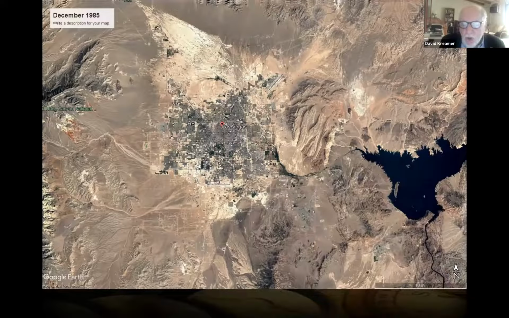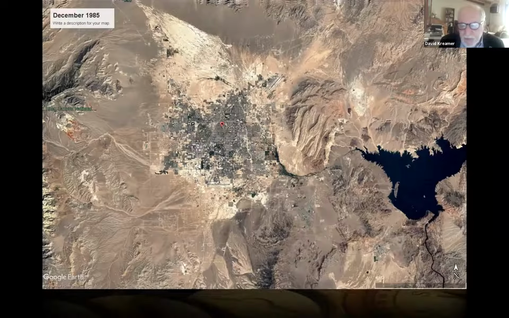Lake Mead is the largest reservoir in the United States. And what I'm going to do is I'm going to switch over to the present day from this shot from 1985. And not only should you keep your eye on how Las Vegas has grown, but off to the right, you might notice how Lake Mead shrinks in size. So I'm about to switch over now.